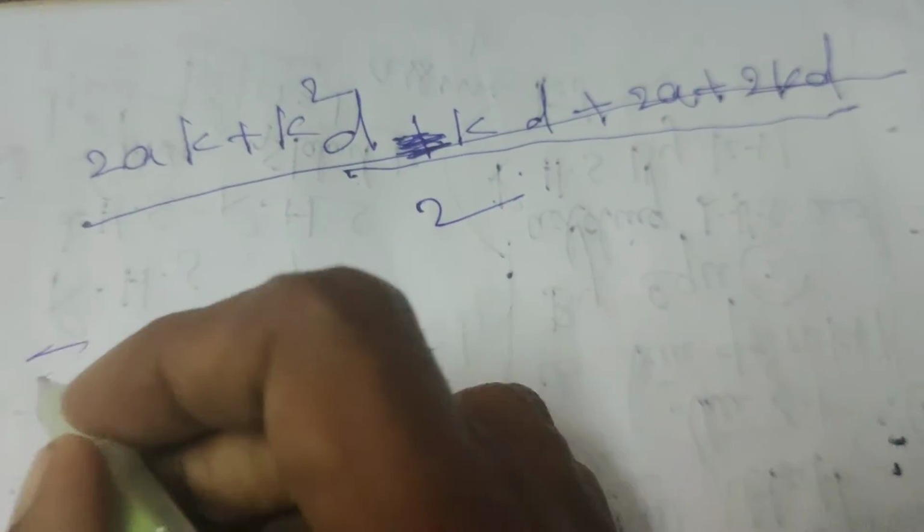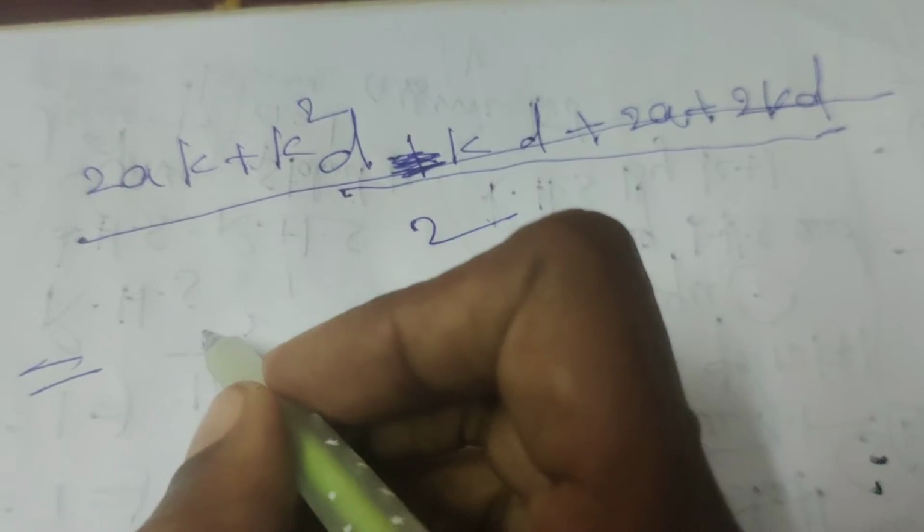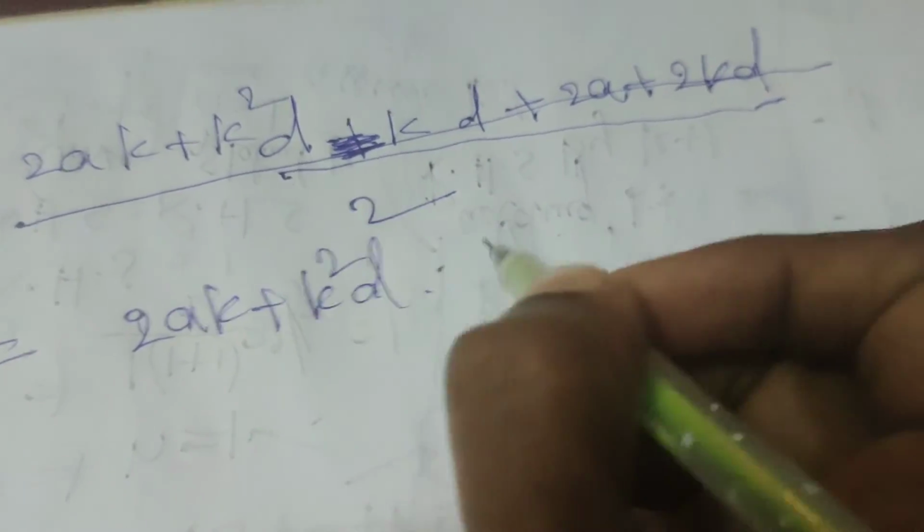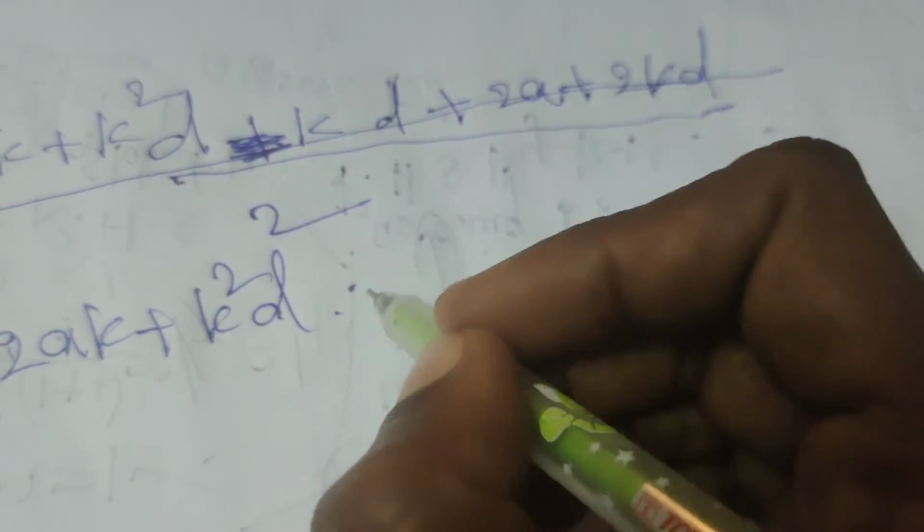That is 2ak plus k square d, and 2kd minus kd means plus kd.